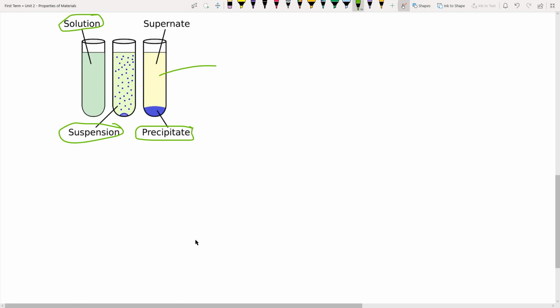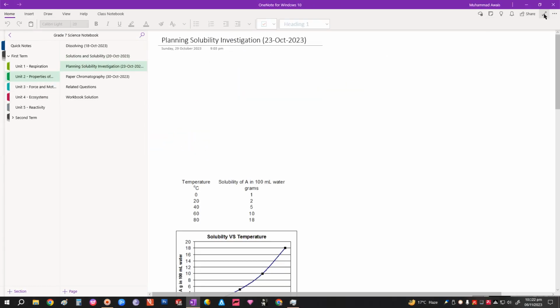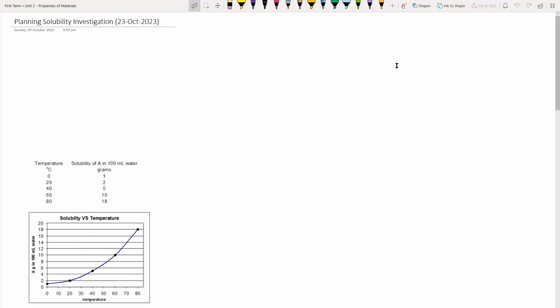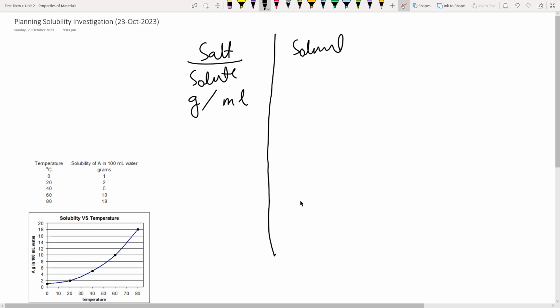So if I try to draw solubility curves, if I want to investigate the solubility of any material, let's just say I'm going to tabulate some of these values. So if we have salt, this is what we call the solute, and it can be in grams if it's solid, or in milliliters if it is liquid, but the solvent will always be in milliliters because it's a liquid that is trying to dissolve, right?